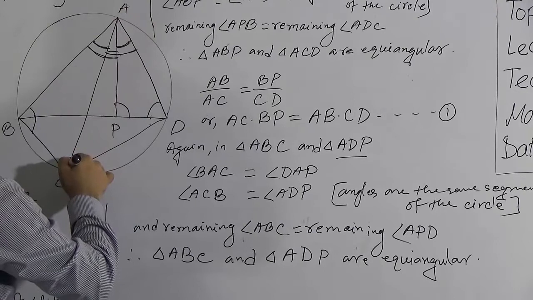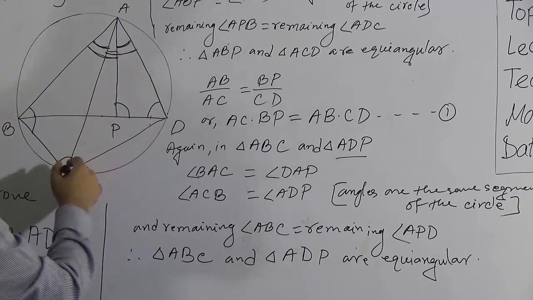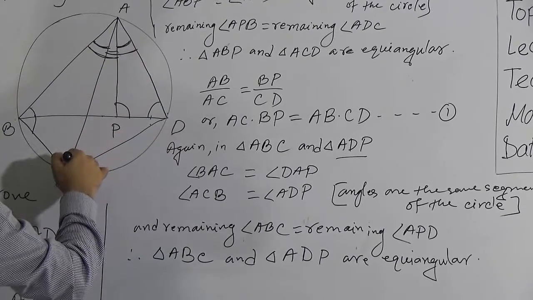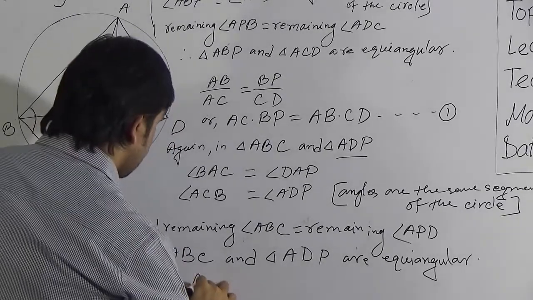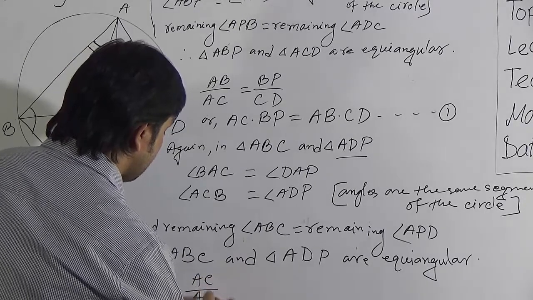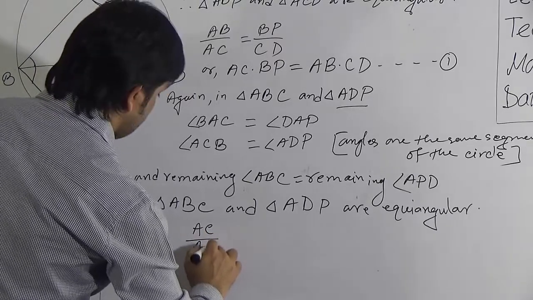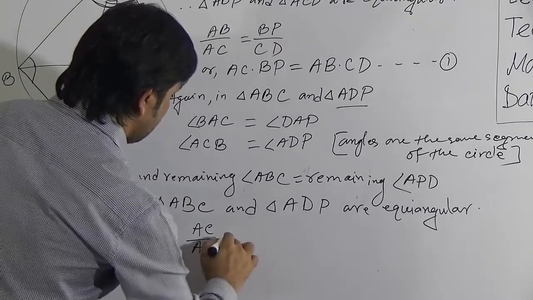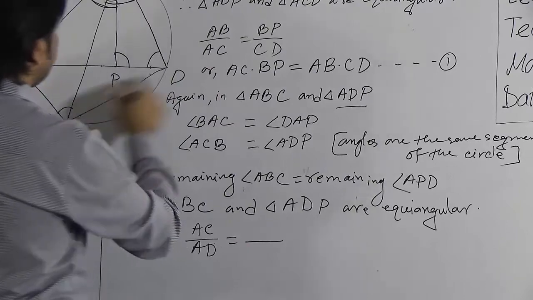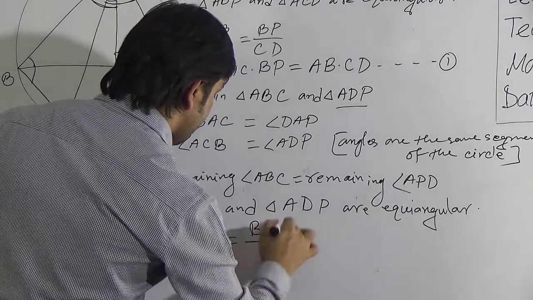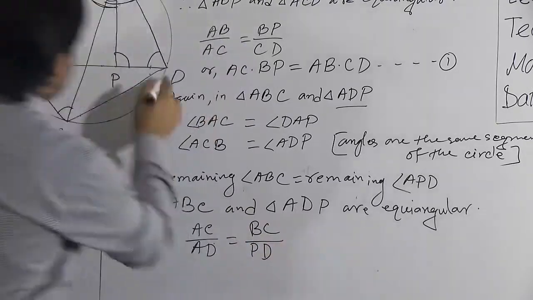AC is similar to AD, and BC is similar to PD. So AC by AD is equal to BC by PD.